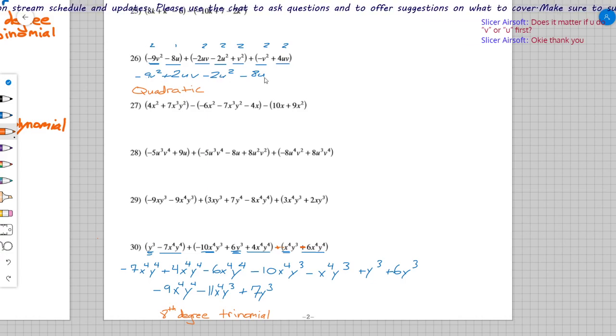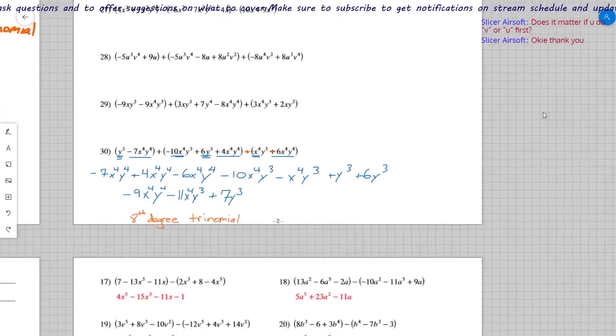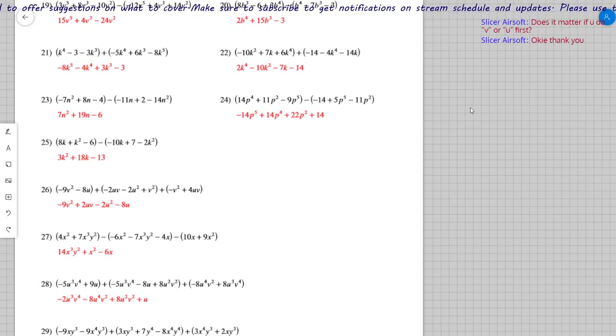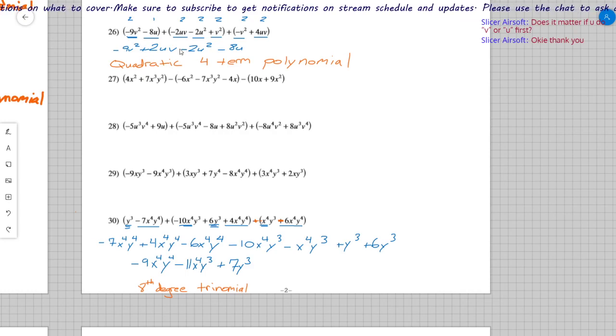And 1, 2, 3, 4, so that's a 4-term polynomial. Again, you don't have to label it, I just was saying that. And also, let me see how they, because I have not checked their answers on this. Oh no, they did the v's first like I did. Okay. But yeah, the u and the v, since the degrees are the same, you could have had negative 2u plus 2uv minus 9v squared. That's fine.